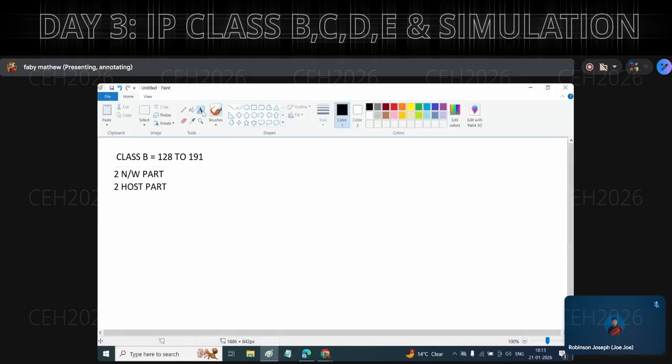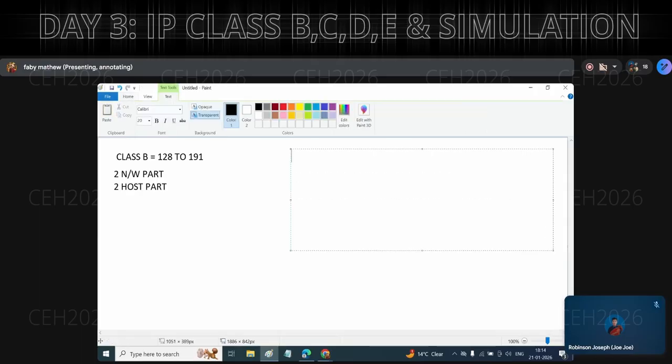It means two octets are on. Each and every bit of the two octets is on by default.